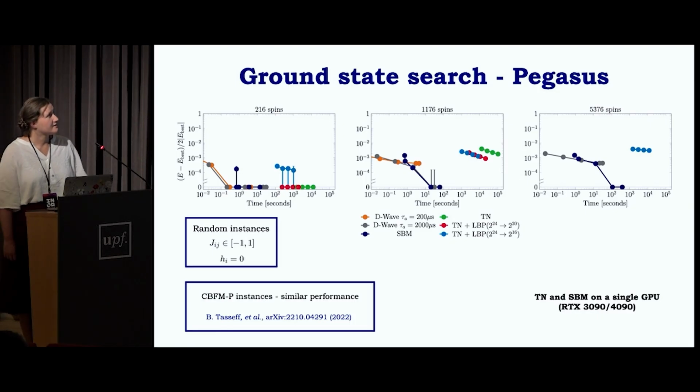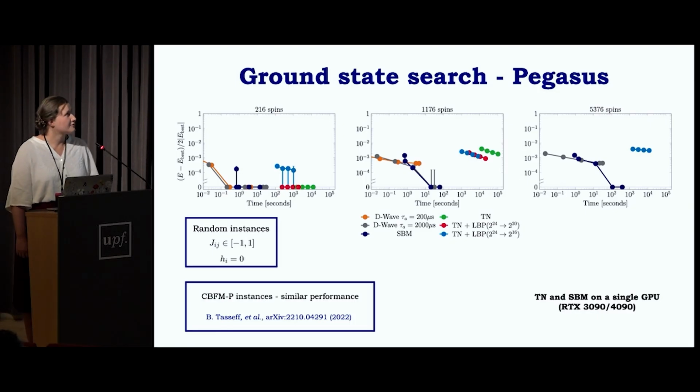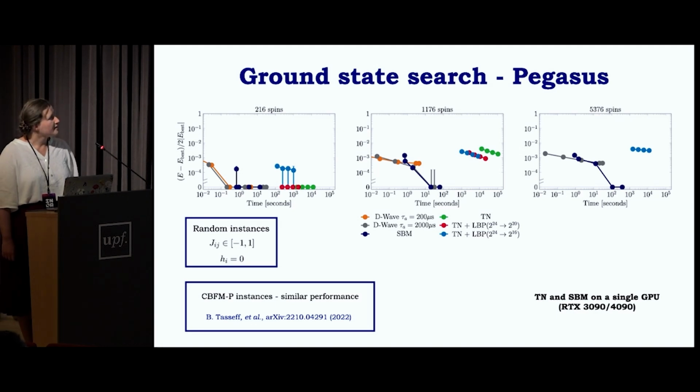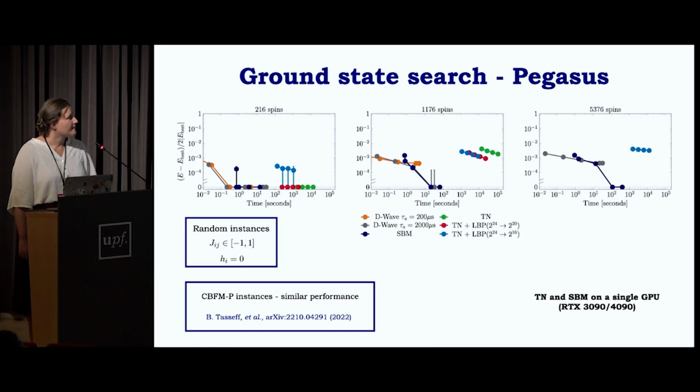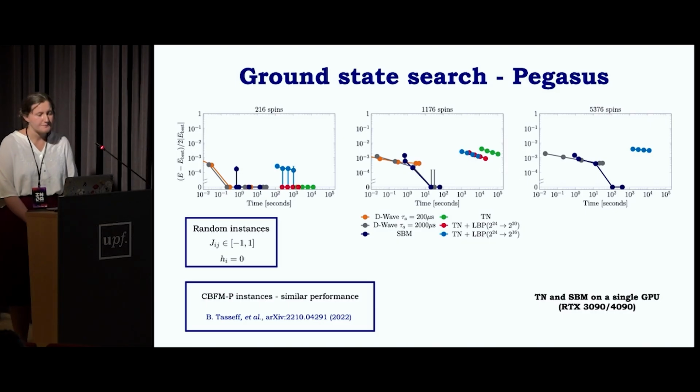And we tested instances with different sizes, from 216 spins up to 5,000 spins. And you may see that tensor networks without dimensional reduction and tensor networks with dimensional reduction to 2 to the power 20 states in every cluster are able to identify the ground state for the smallest instances.